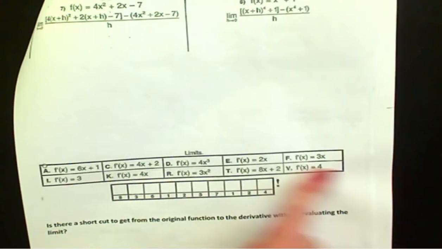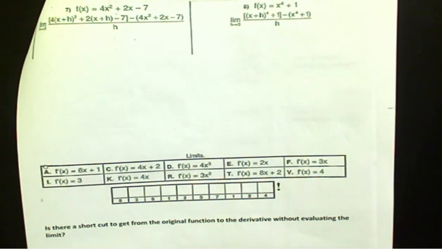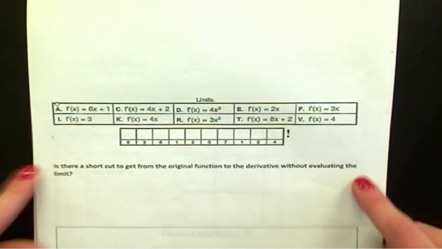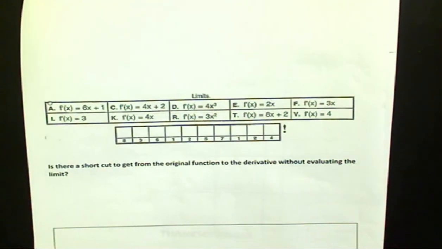It's multiple choice. The answers are right here. Pick 2 of them maybe and solve them, right? Find that limit statement. But notice, I would like you to look for a pattern. If you know it, don't say it. Okay, if you know what the pattern is, don't tell them yet.